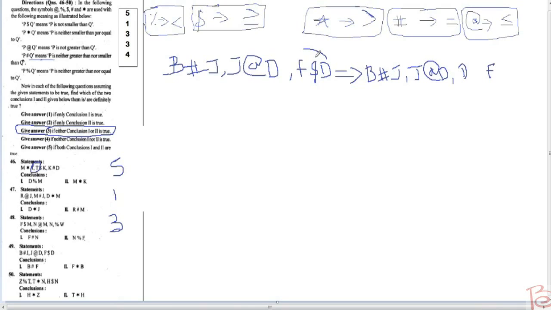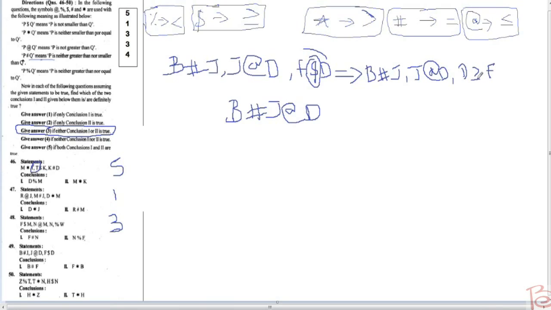Since I'm changing the order, I'm going to have to put the opposite sign of dollar sign, and the opposite sign of dollar sign is greater than or equal to. Okay, so this is the ordered statement which we have got, and now we have to simplify the statement, that is b hash j at d.